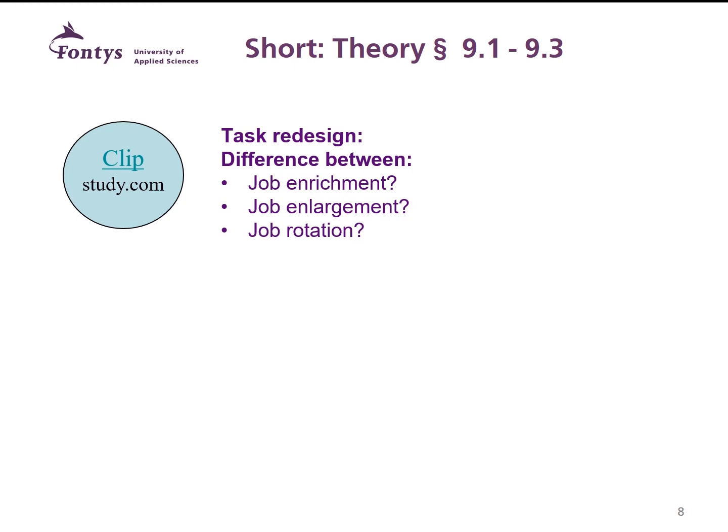And when you look at tasks, you can try to make life a little bit nicer or more effective or more efficient. And you can think of task redesign and look at things like job enrichment, making a job richer, better, to make a job larger, that you do more tasks, or that you rotate, so that you sometimes take over the job of a colleague and vice versa, job rotation.